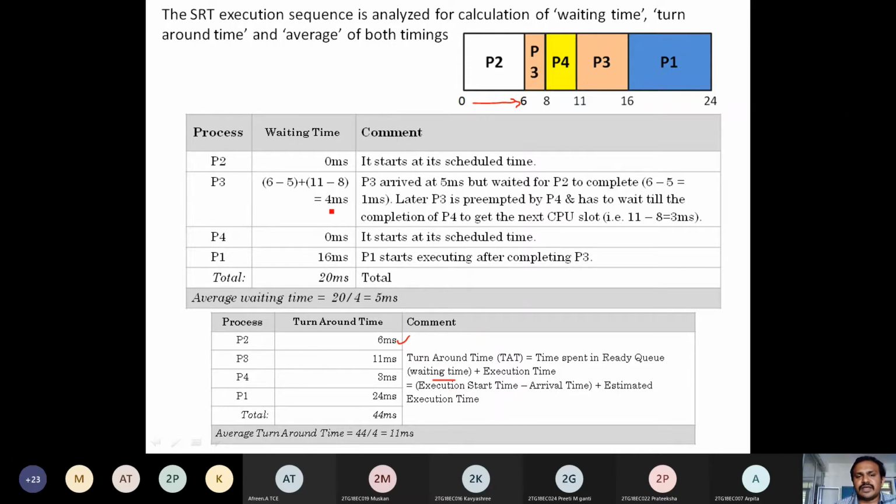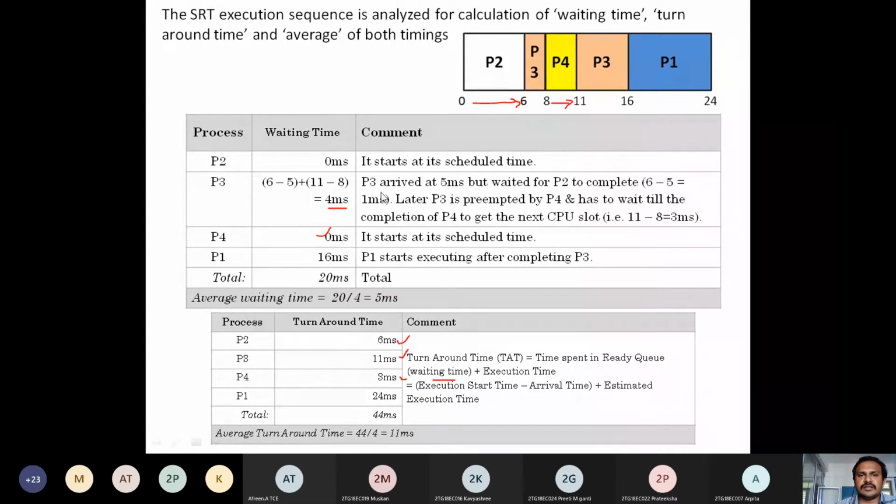P3 has waited 4 milliseconds, plus execution time of 7 milliseconds. So overall 7 plus 4 is 11 milliseconds. Then what about P4? The waiting time is 0 and the execution time is 3 milliseconds. So the overall answer is 3 milliseconds.